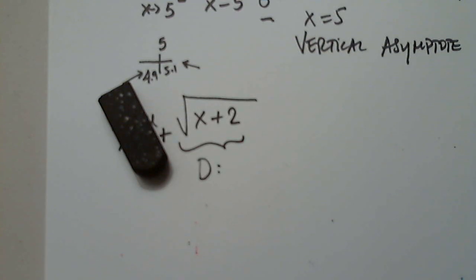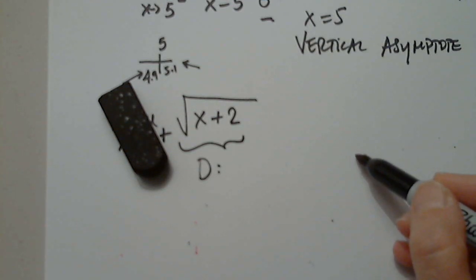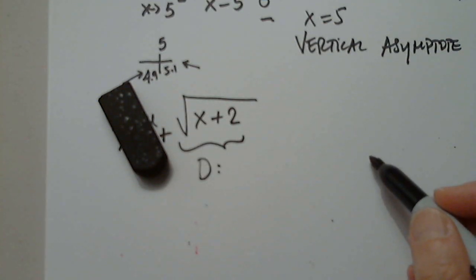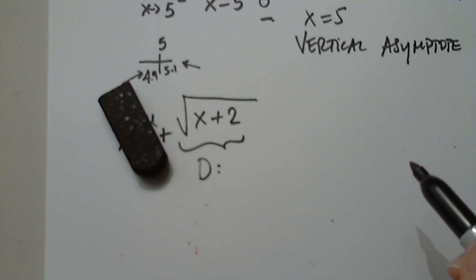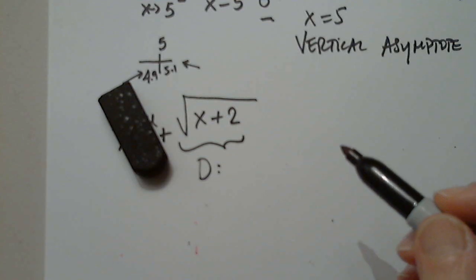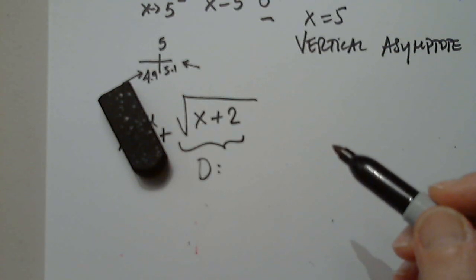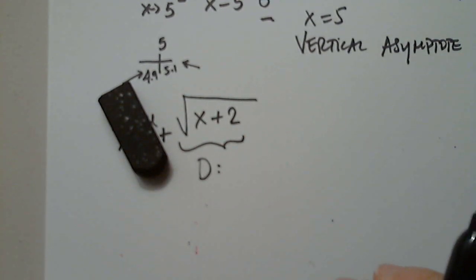We discussed this last week. For this particular function, what do we have to state and solve to find the domain? I'm going to write it here on the side. We had multiple examples with the square root.